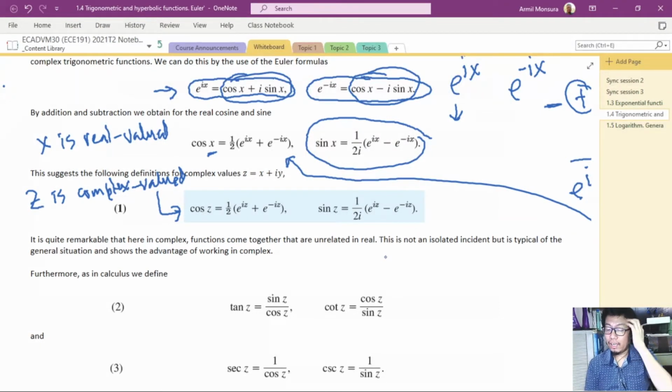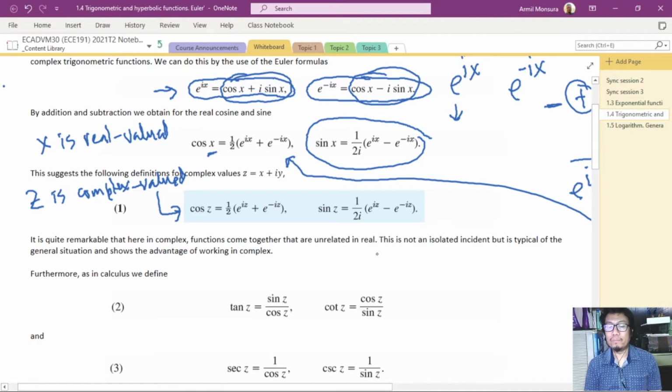In the complex domain, however, the two unrelated functions are actually related to each other. This is not surprising when it comes to the relationships between different functions when these functions assume complex valued arguments.